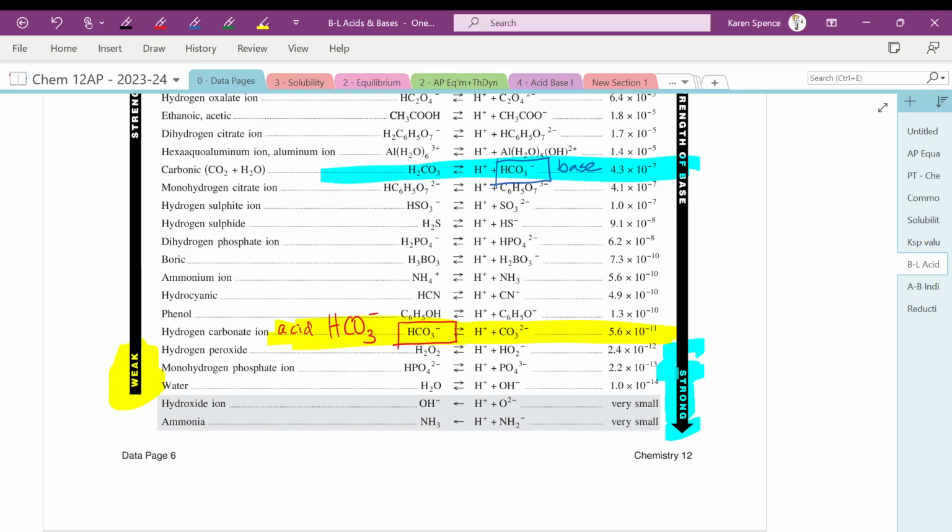What number tells you the strength of the acid? Ka tells you the strength of the acid. What number tells you the strength of the base? Kb.